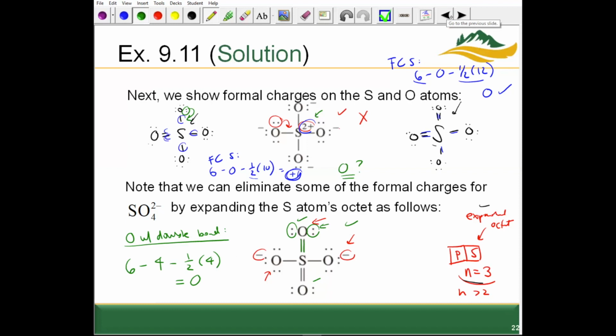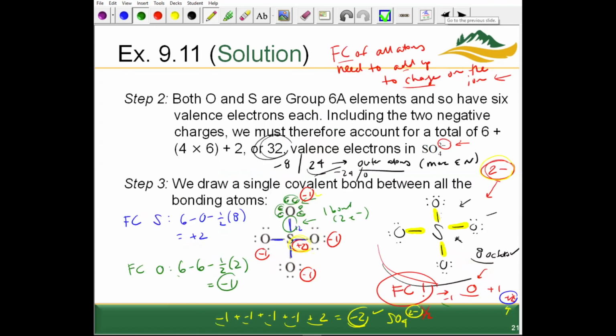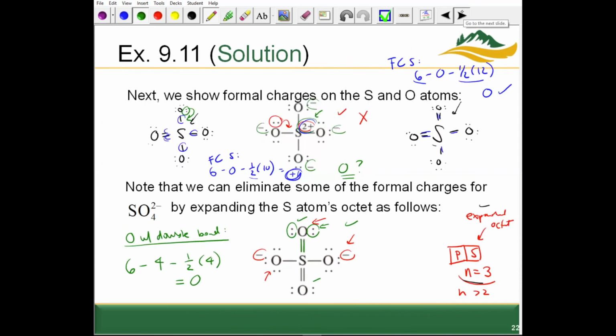As a reminder, where we started it was -1, -1, -1, and -1, and then +2 for sulfur. And so we figured those out here on this slide. Now, by moving in 2 lone pairs to form double bonds to sulfur, the central sulfur has a formal charge of 0.